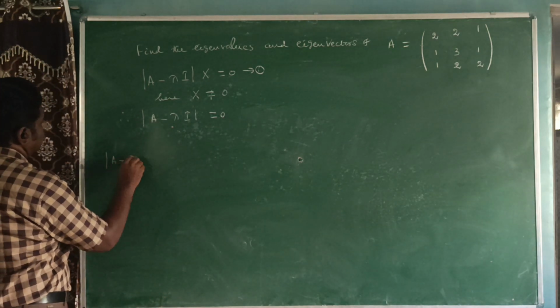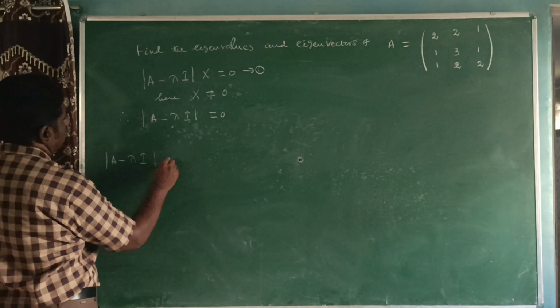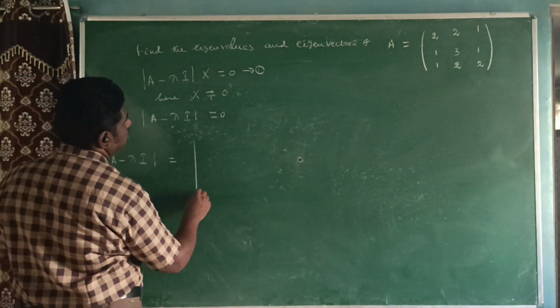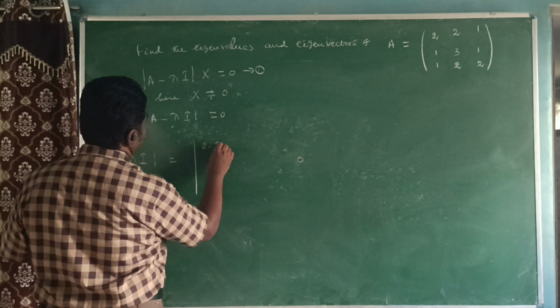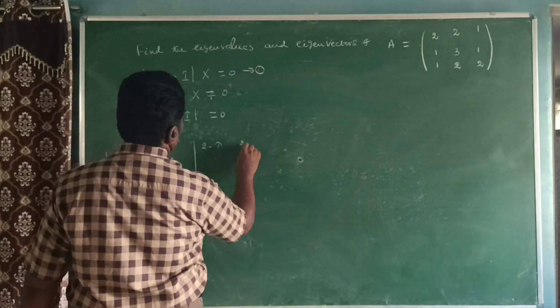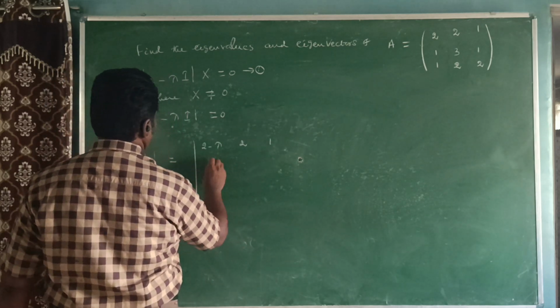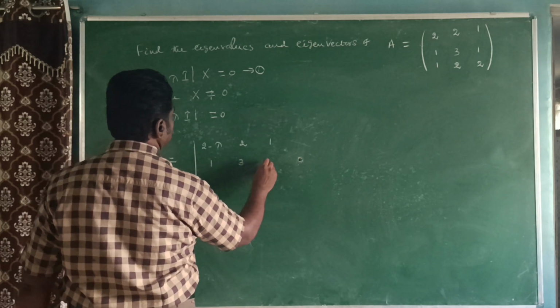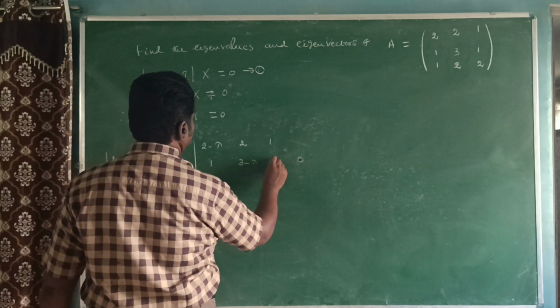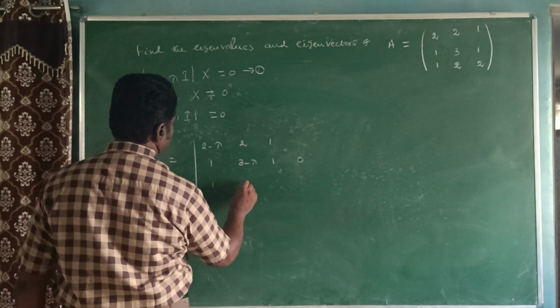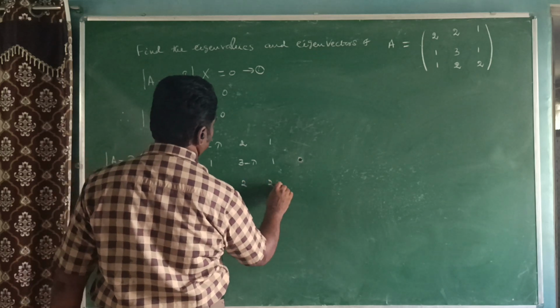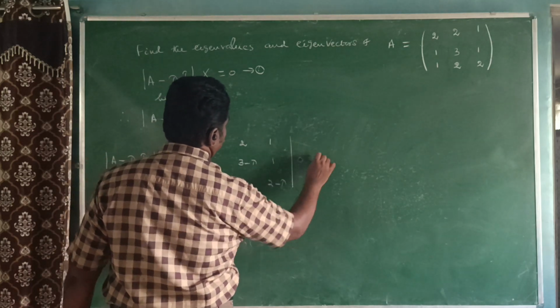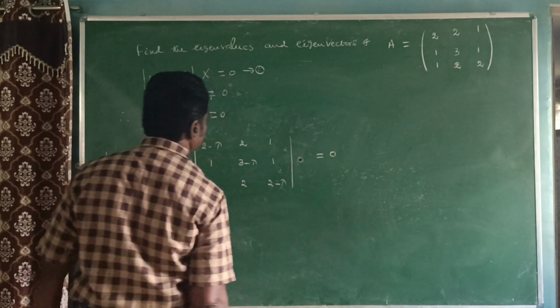Determinant of A minus lambda I, which is equal to the determinant of [2 minus lambda, 2, 1; 1, 3 minus lambda, 1; 1, 2, 2 minus lambda], should equal 0.